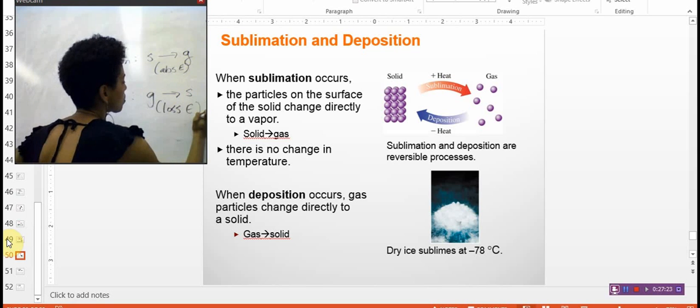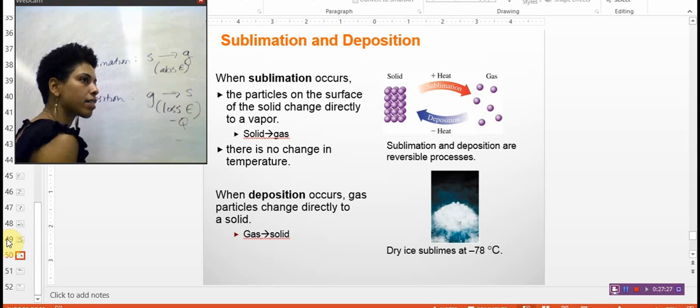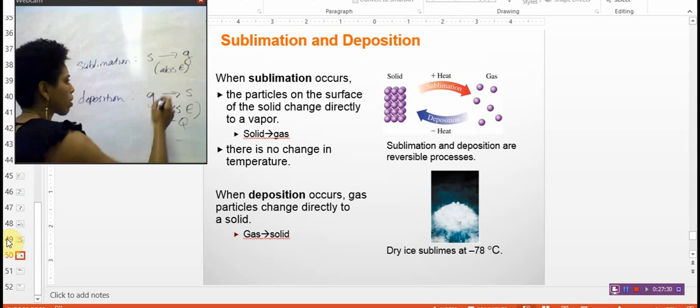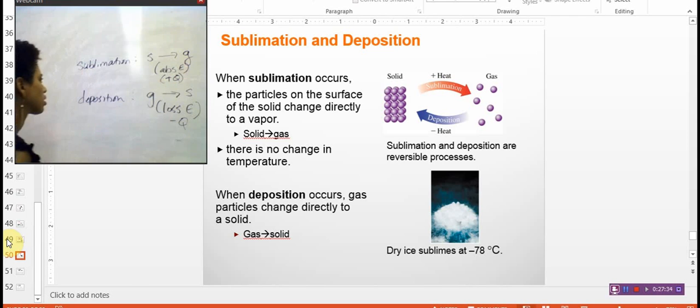So I'm going to lose energy, and that's going to be a minus or negative amount of heat that's lost. Whereas here, I have a positive amount of heat that is absorbed. Now, this process occurs because many substances have a very low boiling point.